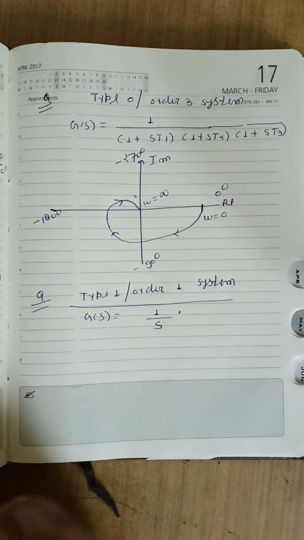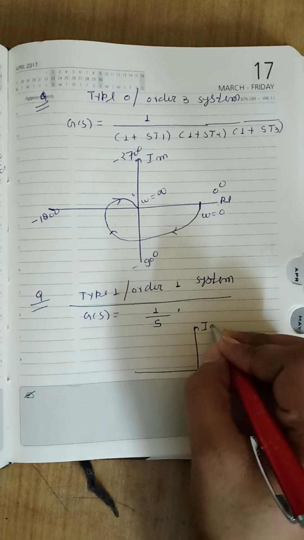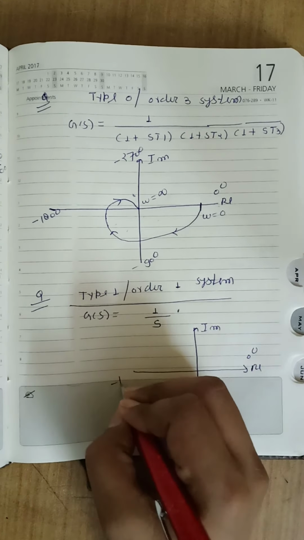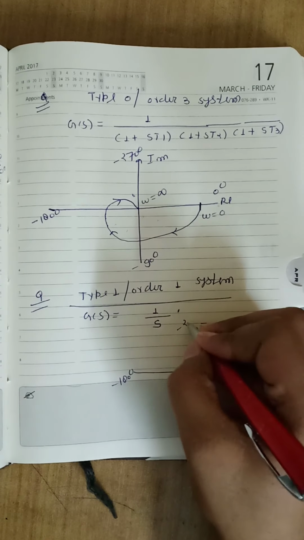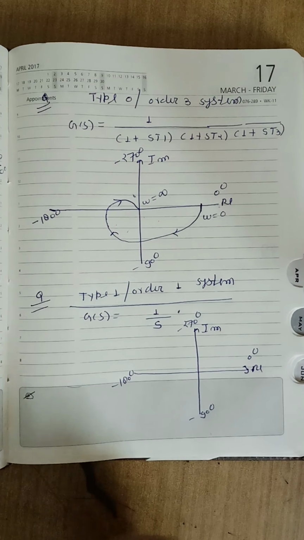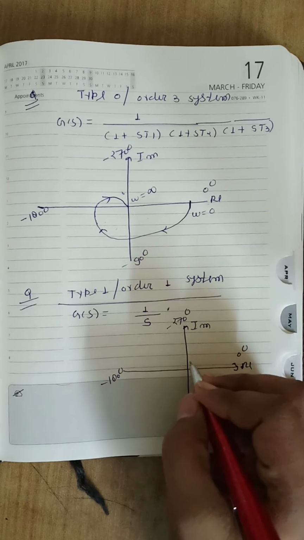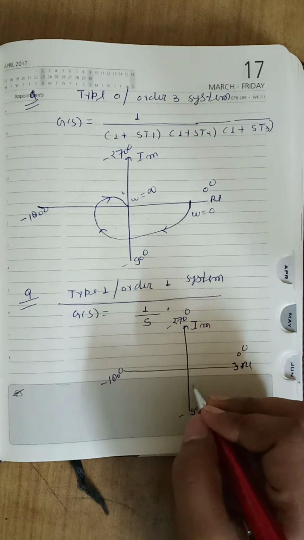It will define the real value, it will define the imaginary value, 0 degree, minus 90 degree, minus 180 degree, minus 270 degree. Type 1 order 1.